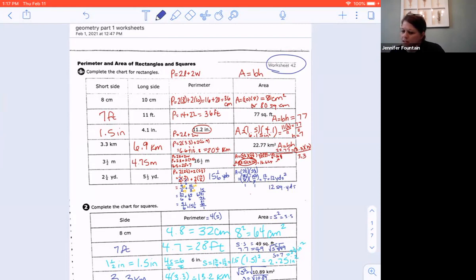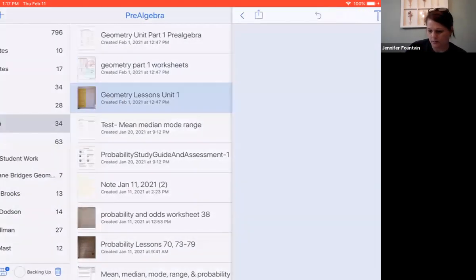So let's talk about the things that we definitely need to remember how to do. Let's go ahead and flip back to lesson 81. Go ahead and turn in your book to page 179, lesson 81.